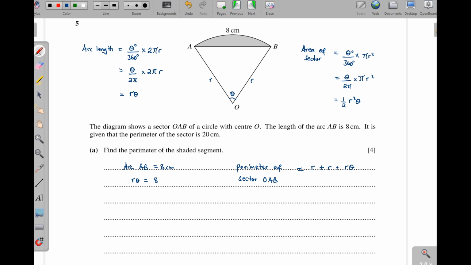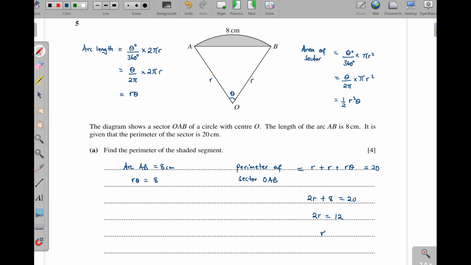Now, what do we have here? This one, remember, it is equal to 20, not so? Now, r theta, we have it as 8. So 2R here, then plus 8 will be equal to 20. So when you take this one this side, 2R will be equal to 20 minus 8, isn't that 12?